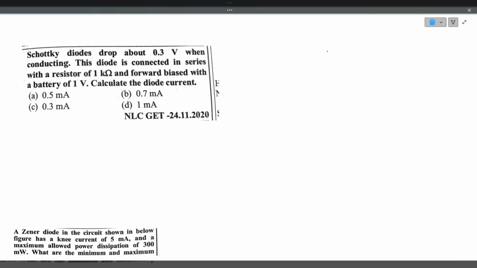Next question. The Schottky diode drops about 0.3 volts when conducting. The diode is connected in series with a resistor of 1 kilo ohm and forward biased with a voltage of 1 volt. Calculate the diode current. Let's draw the circuit. The voltage applied is 1 volt and the resistance is 1 kilo ohm.